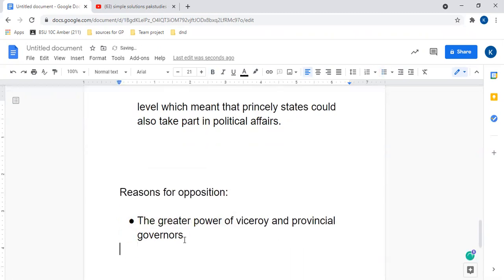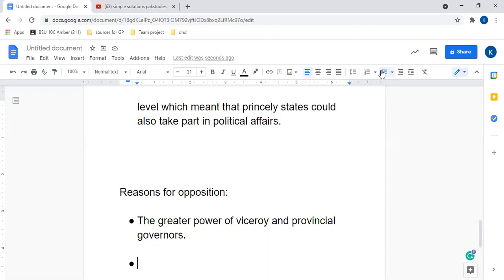After that, the second reason was that even though the ledger for voting was extended, only 25% of India's population could actually vote because of the property qualification for voting.